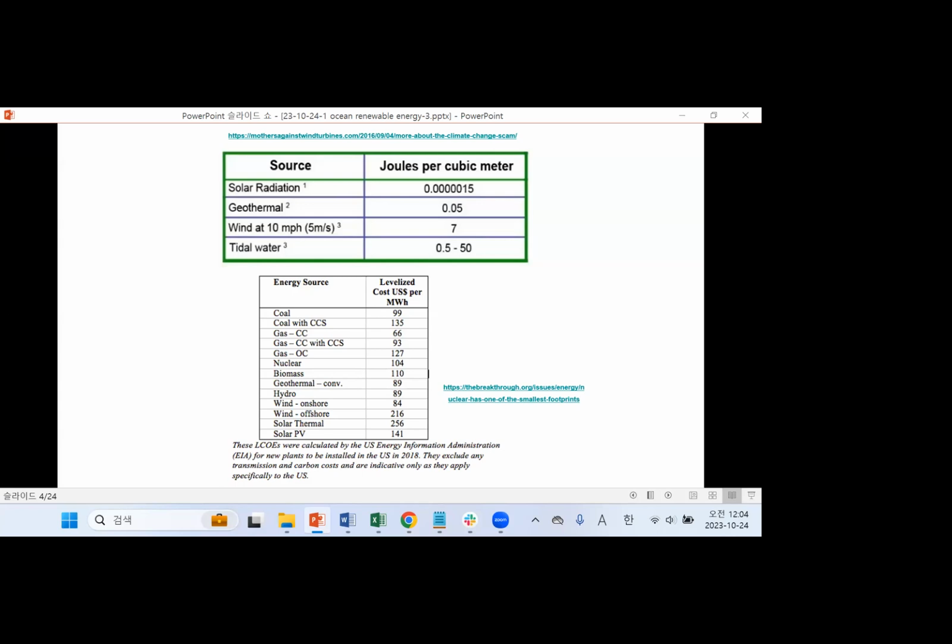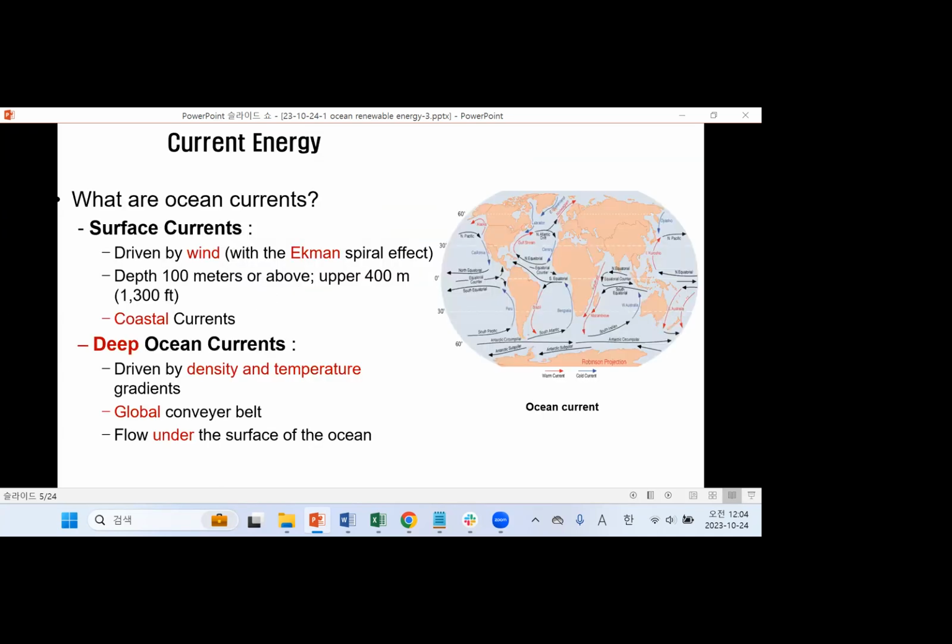There is a table at the bottom for hydro, wind, and solar thermal. There is a cost item, levelized cost. So cheaper is better, right? So hydro and wind onshore are cheaper, and gas CC is cheap. So they are competing with each other for different sources.